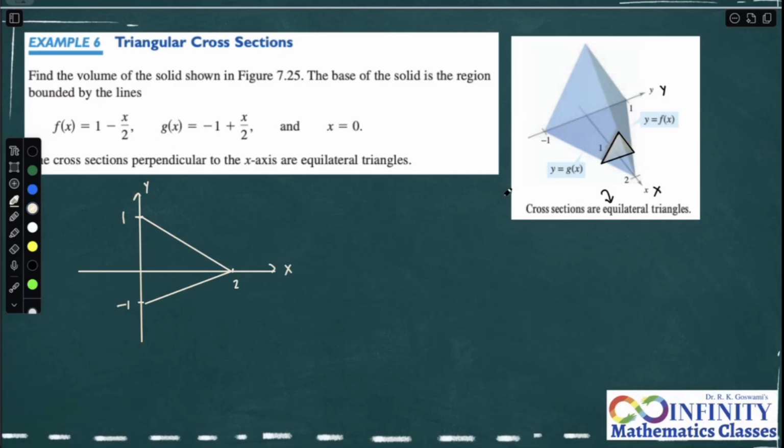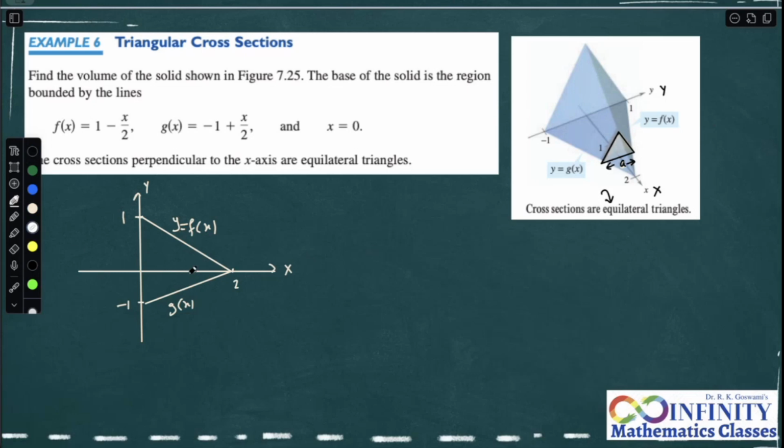The line joining 1 and 2 is going to be y equals f(x). This is going to be g(x). So there is a triangle there. If I can get the length of a side, because it is an equilateral triangle, I can get the area.